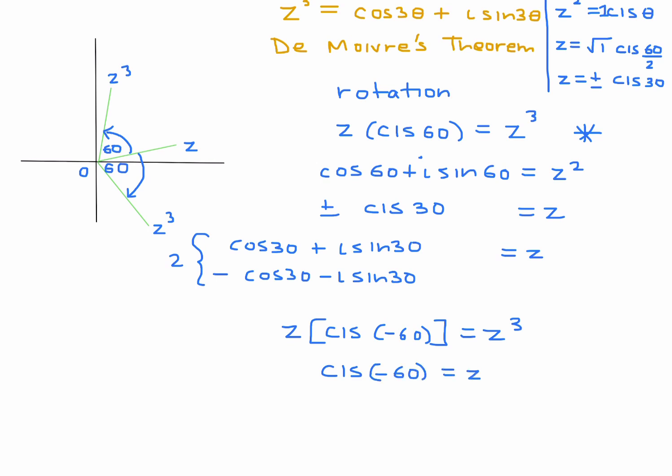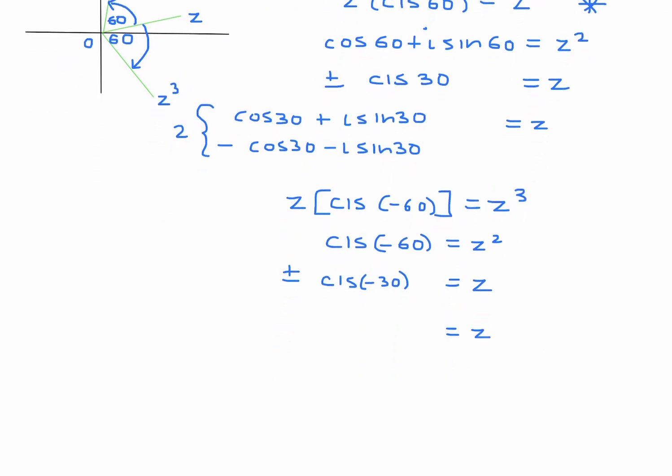Cis of that is z squared, and again, as before, it's going to lead to z being equal to plus or minus the cis of negative 30. And that's going to be either cos of minus 30 plus I sine of minus 30, or z will be equal to minus cos of minus 30 minus I sine of minus 30.